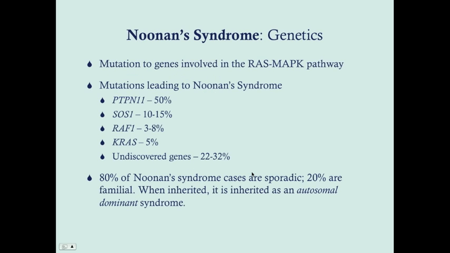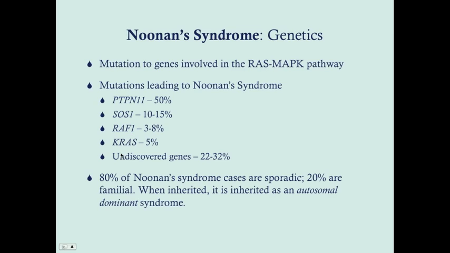The mutations are to genes involved in the RAS-MAPK pathway, and these mutations are most commonly due to the PTPN11 gene, and that's 50%, which is the most common. If you're going to do any kind of genetic testing to test a patient for Noonan syndrome, you should start with this one because it's the most common.